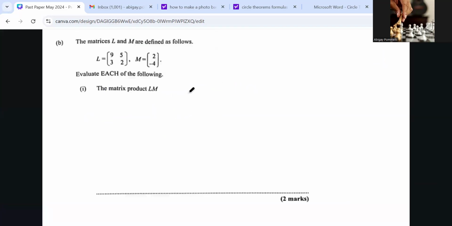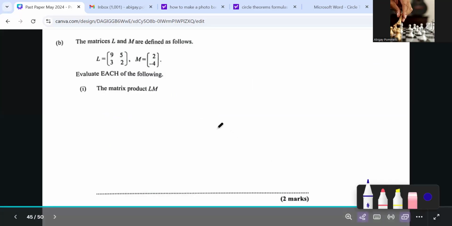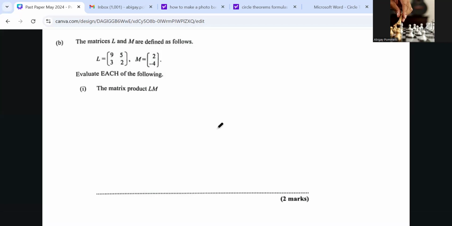All right, next one: the matrices L and M are defined as the following. L equals 9, 3, 5, 2.